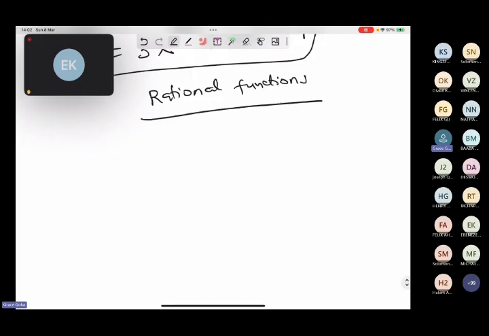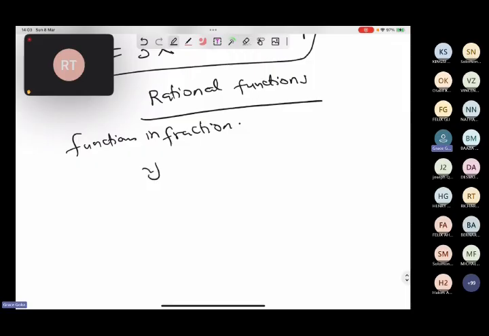When we have rational functions, first of all, let's look at what rational numbers are. Rational numbers are numbers which are in fraction form. Any number you can write as 1 over 2, 2 over 1, 4 over 3, 3 over 4, and so on. Any number that can be written as a fraction is a rational number. Therefore, if rational numbers are numbers in fraction form, rational functions are functions in fraction form.